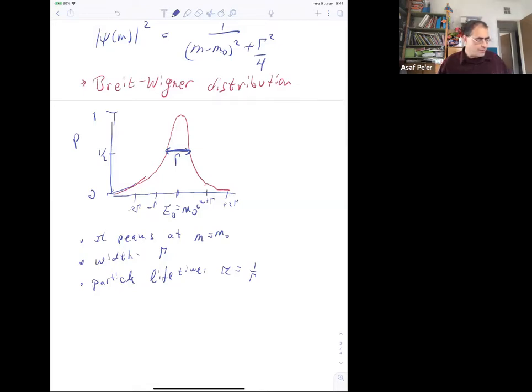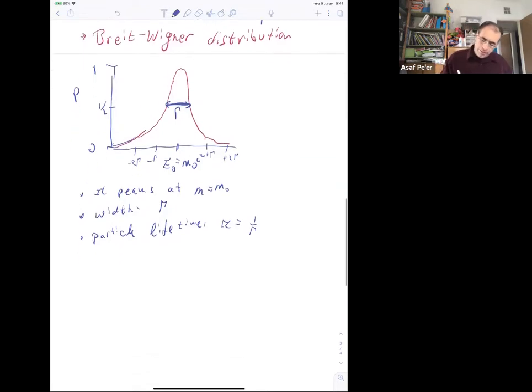It's narrow. A few more comments: gamma, that's the important thing. It sounds a little bit non-intuitive, but gamma is a characteristic of the particle. It's not the measurement. It's the actual particle's mass.